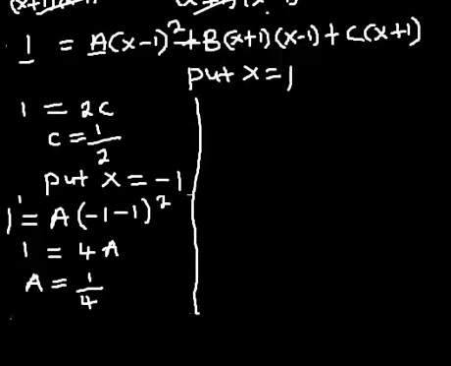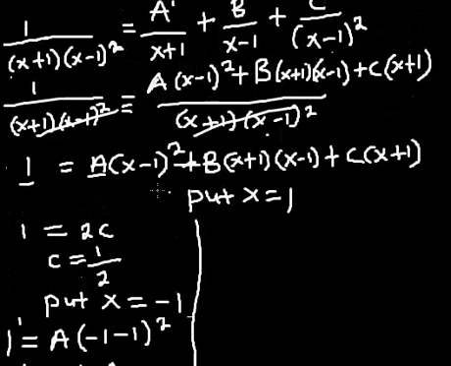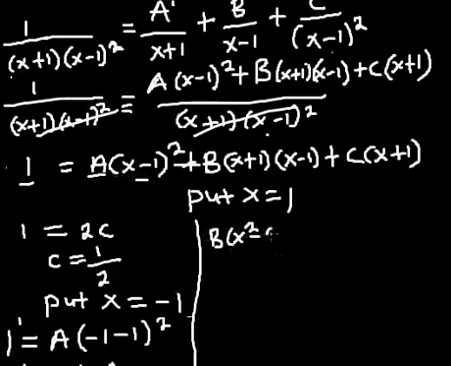All right, so let me open the bracket. If I should expand this, it is going to give me b into x squared minus 2x. Please pardon me, that's a. a into x squared minus 2x plus 1.